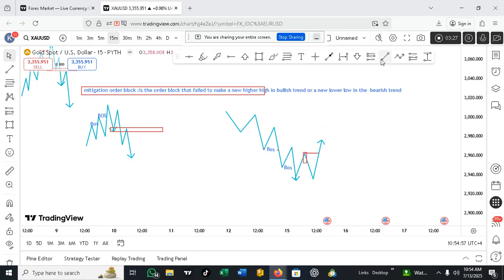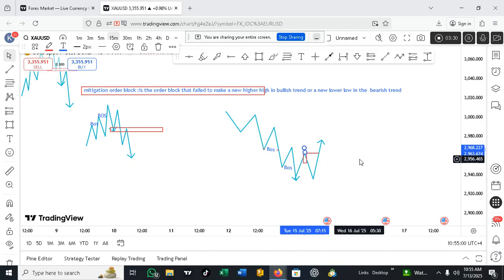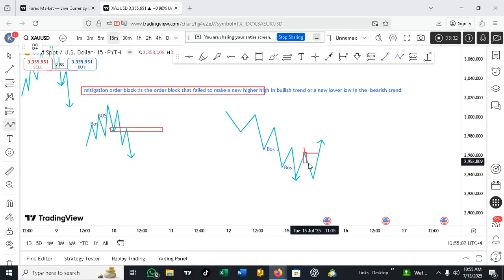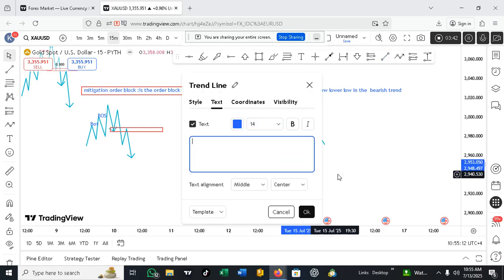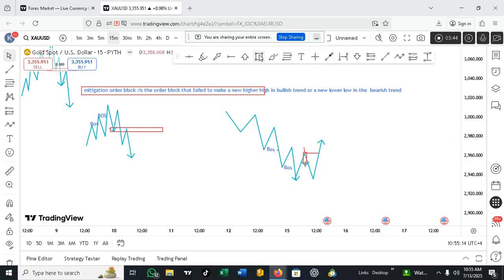Now we mark this candle as our mitigation order block, like this.